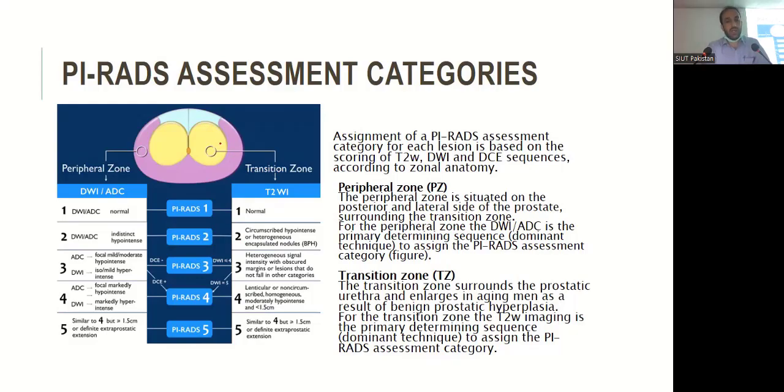In PI-RADS 3, it will show heterogeneous signal intensity with obscured margins, or lesions that do not fall in other categories. In PI-RADS 4, it will appear lenticular or non-circumscribed, homogeneous, moderately hypointense. In PI-RADS 5, it is similar to 4, but more than 1.5 centimeter or with definitive extra prostatic extension.